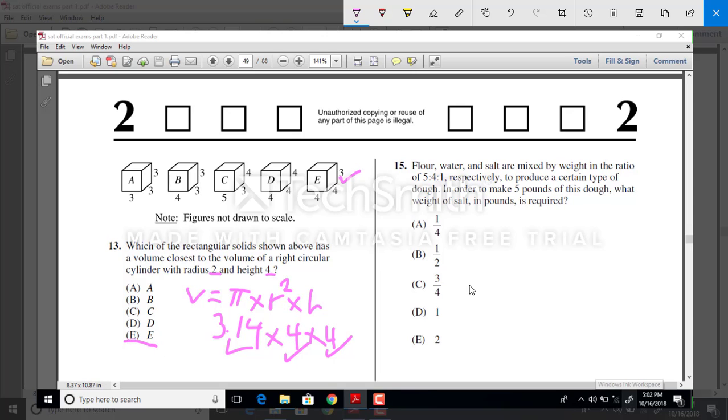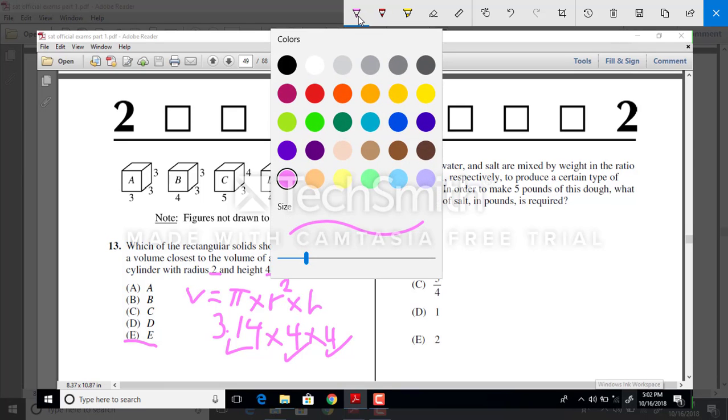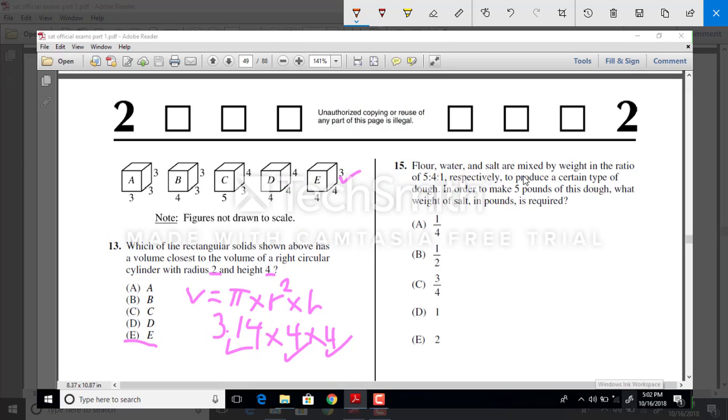Without calculation. Okay. Here, flour, water, and salt are mixed by weight in the ratio of 5 to 4 to 1. So let's use our ratio way.